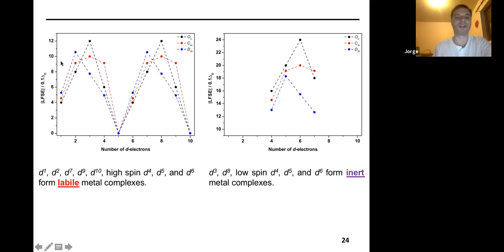Okay, so this is for high spin complexes, and the one on your right side is for low spin complexes. And here again, a summary of the d configurations that form labile complexes and the d configurations that form inert metal complexes.